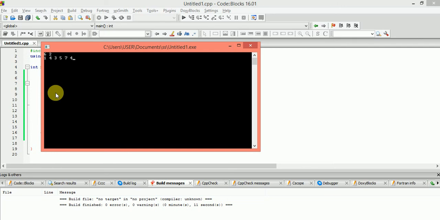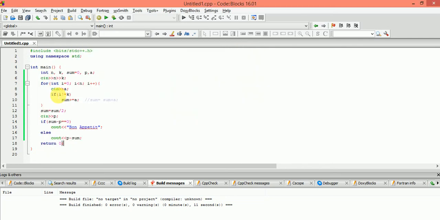Suppose that is 4 and Anna has paid 12 rupees, so 2 rupees should be paid by this. So this was very easy, you can check it here.